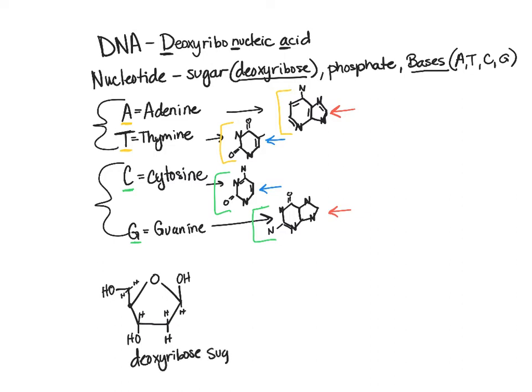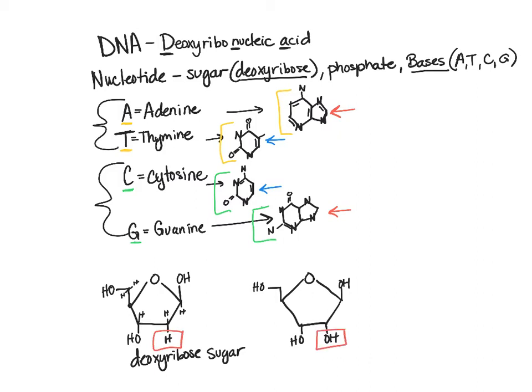sugar. And you can see the difference between the deoxyribose sugar that has been drawn and our ribose sugar that I had previously drawn, but I'll draw again here. So if you look at the difference here, the difference is this guy right here.